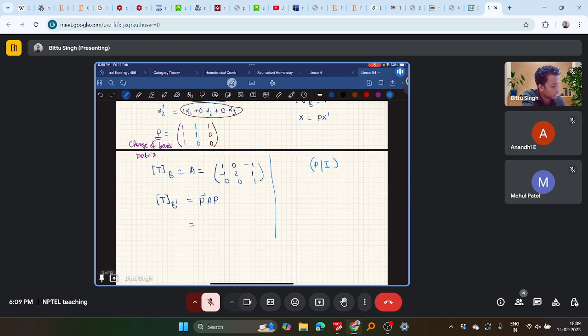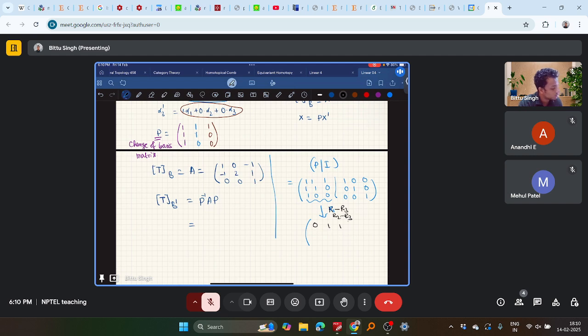But what is P I? If we put together, it is 111, 110, 100, and then the identity matrix 100, 010, 001, and we'll apply row reduction, and we want to make it identity, right? So the first thing we can perform is R1 minus R3 and R2 minus R3.